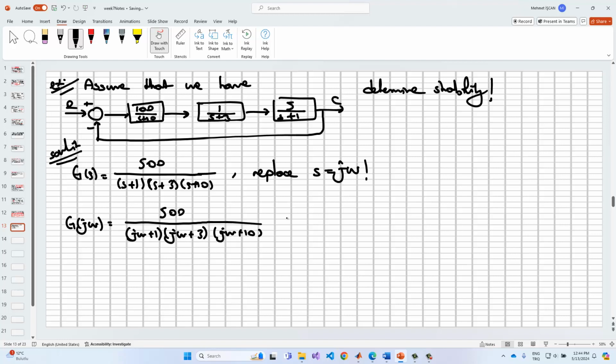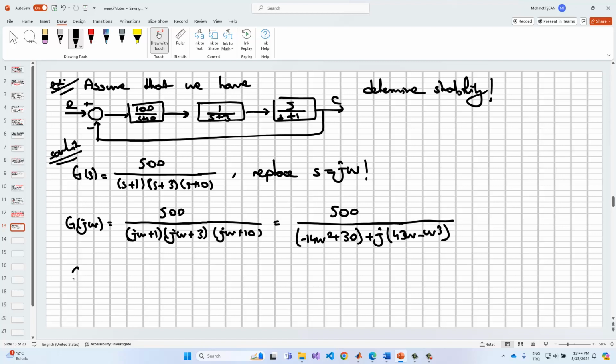Okay, and we can also get 500 over (30 minus 14ω²) plus j(43ω minus ω³).